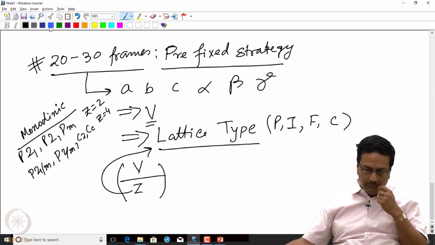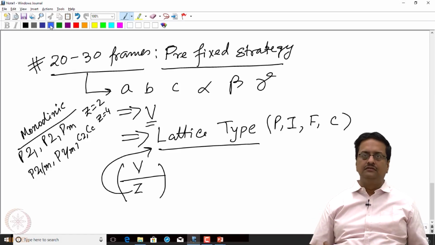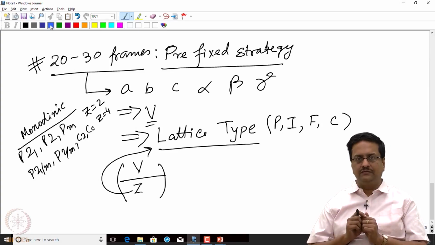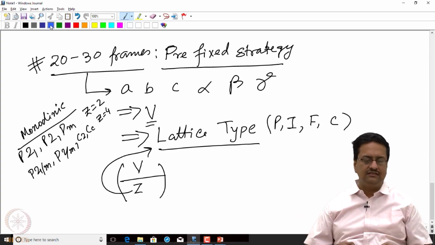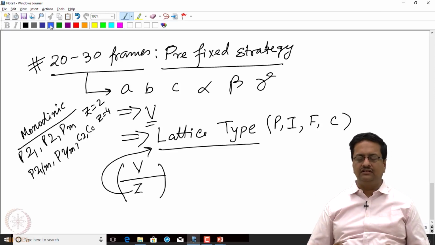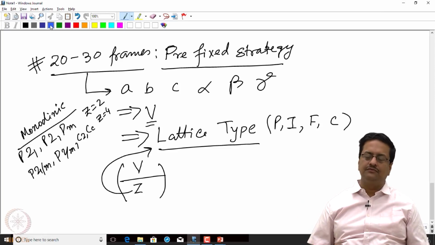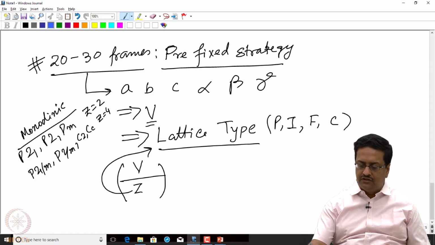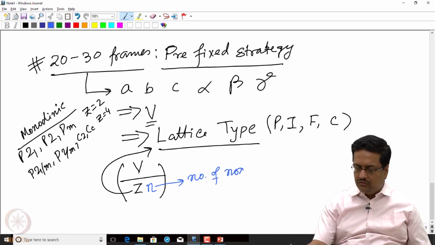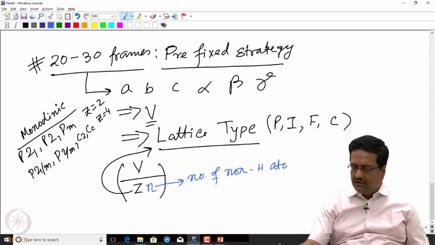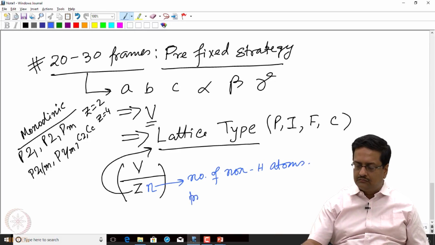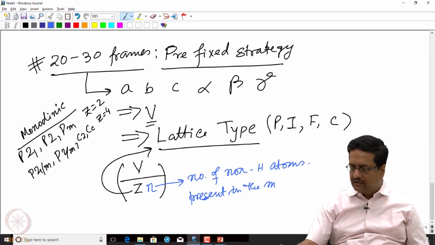So if in a molecule you have a certain number of atoms containing nitrogen, hydrogen, carbon, oxygen, etc., we exclude the hydrogens and we calculate the number of non-hydrogen atoms as small n, which is the number of non-hydrogen atoms present in the molecule of interest.